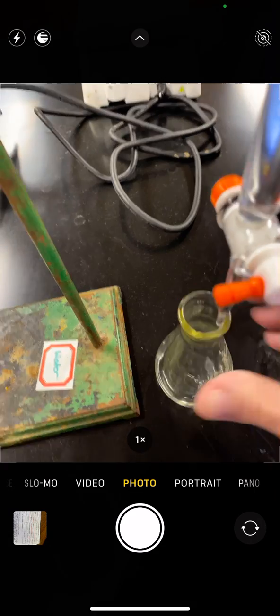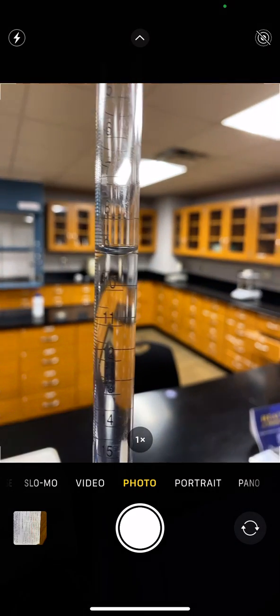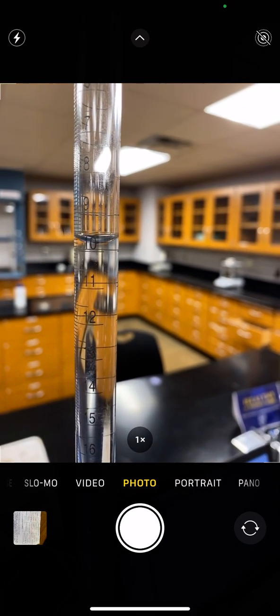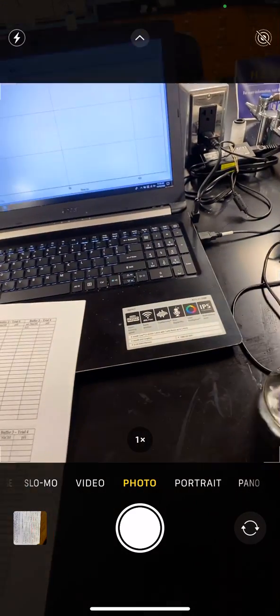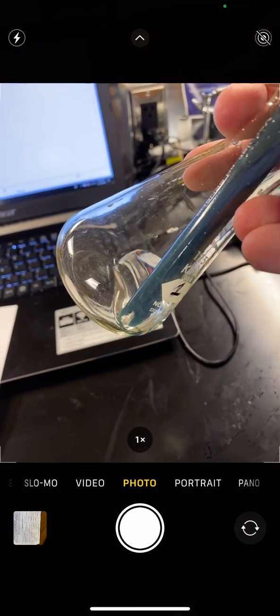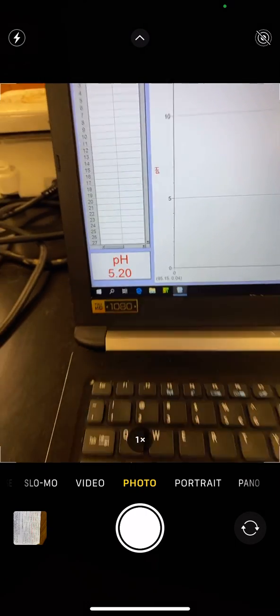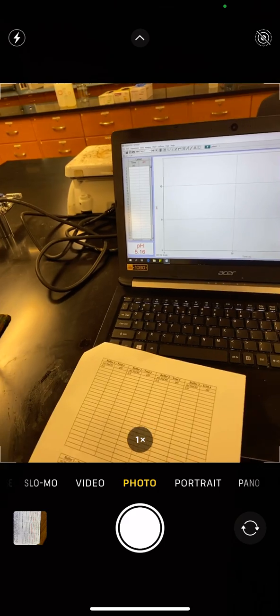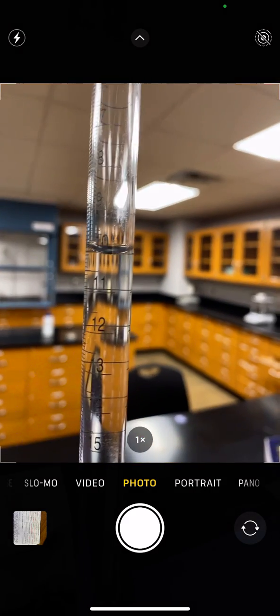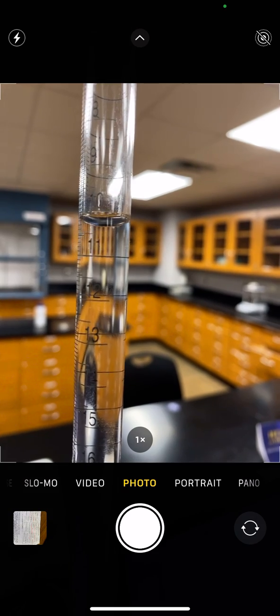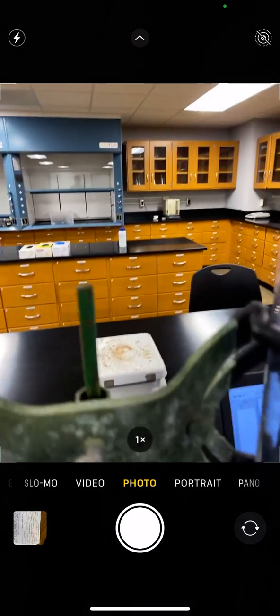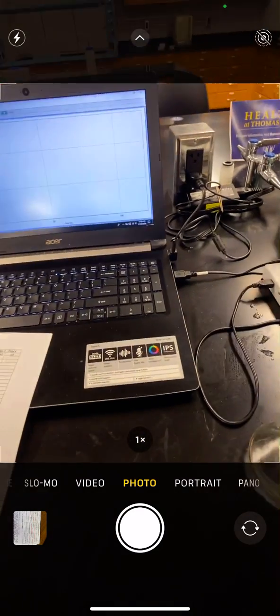I'm going to add another milliliter. And see what it goes up to. Got the probe in. It's at 5.20. So I'm going to add another milliliter. Right, you're writing this down, right?